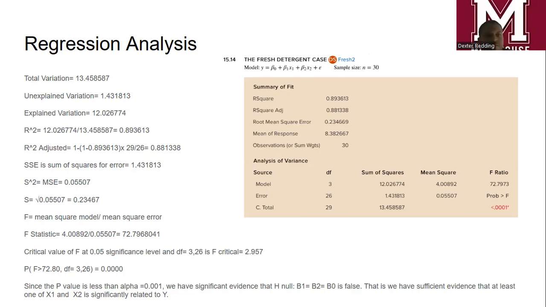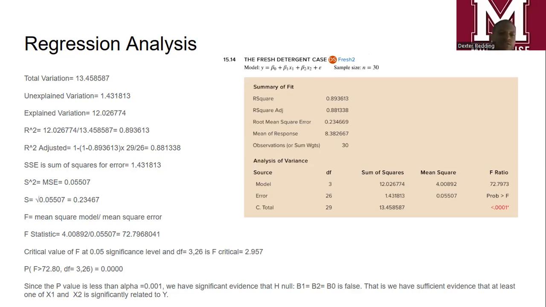For our SSE, the sum of squares error, it's 1.431813. For S squared, the mean square error, it is 0.05507. And to get S, we took the square root of 0.05507, which gives us 0.23467.